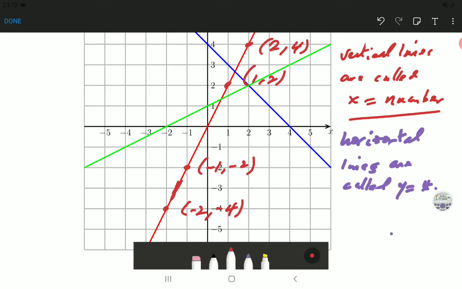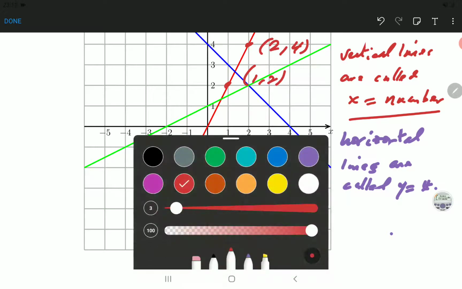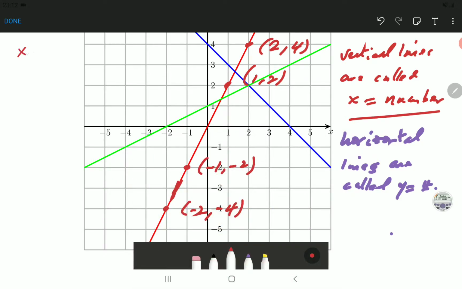And then we're just going to do a quick comparison of the x and the y coordinate. So perhaps what I'm going to do is form a table this side. X coordinate, y coordinate. So when x is 2, y is 4. When x is 1, y is 2. When x is minus 1, y is minus 2.